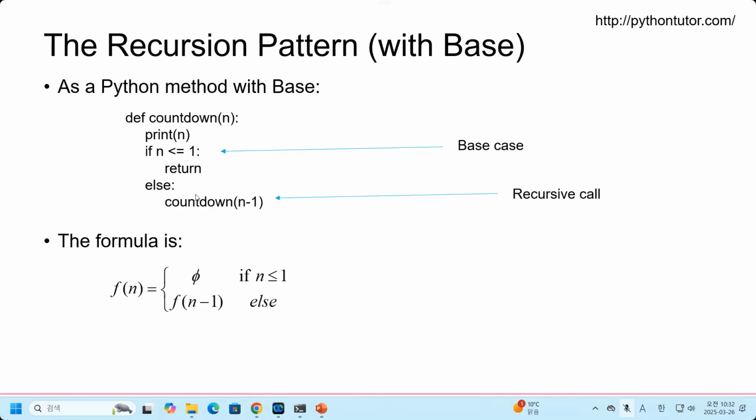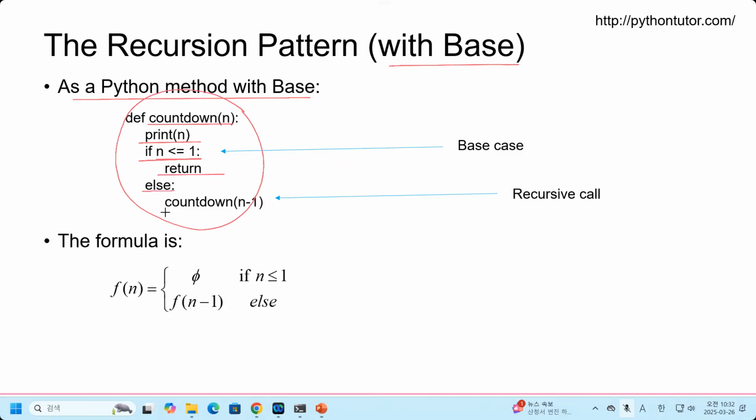So in the recursion, we have a base. It means I need to have some criteria. When you have the countdown n, I want to print. This is the base: if n is less than or equal to 1, stop.